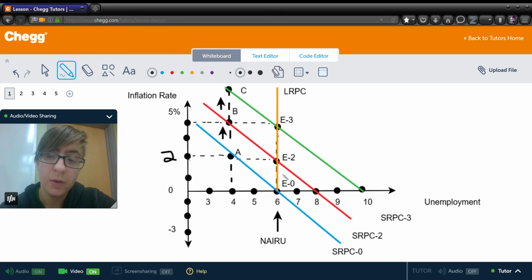Whenever I took exams, my professors always provided us with the graph. But in the event your professor does not provide you with a graph and they just start with SRPC 0 and they ask you 2% inflation rate for SRPC 2, then you will increase it by 2%. And then you do the same for SRPC 3.